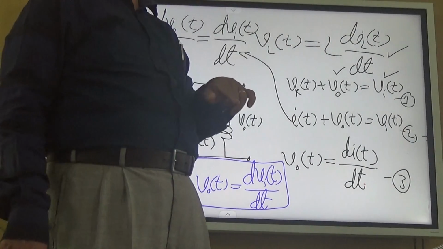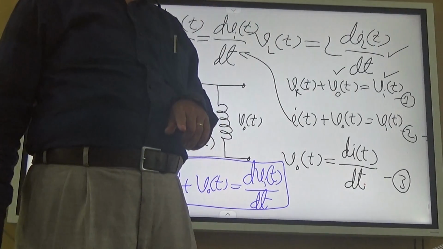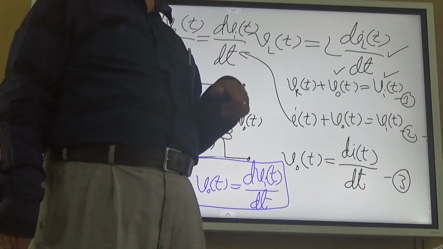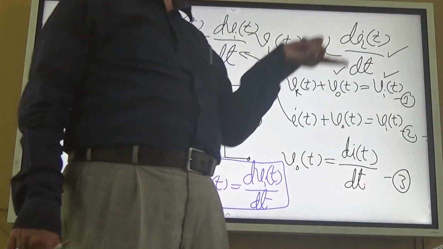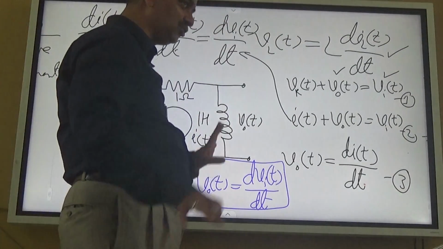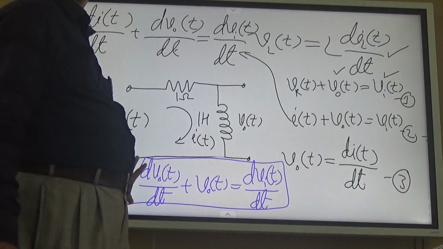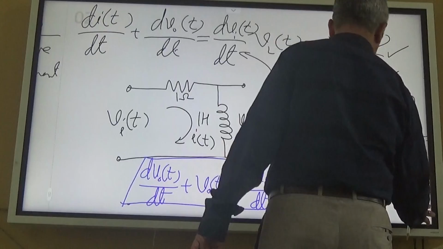So the inductor's remembrance is in terms of current. Therefore, any circuit which contains an inductor gets fully described when you describe the value of the inductor and the current through the inductor at any given point of time. Right now we are not solving this, so this is the construction. Everybody agreed?